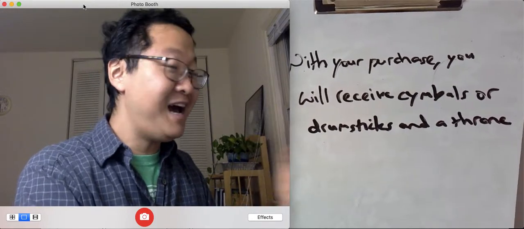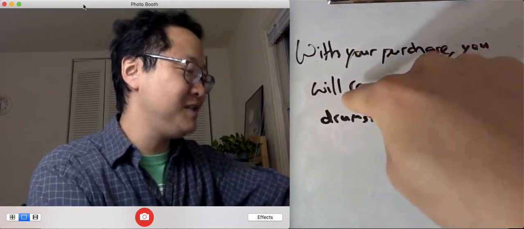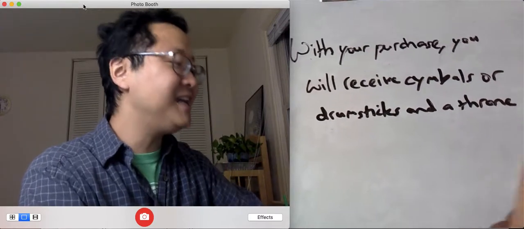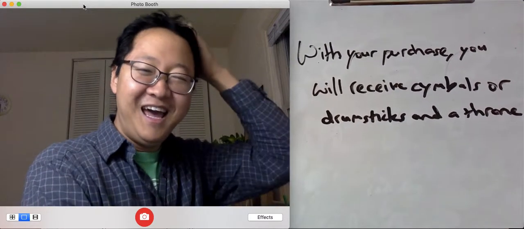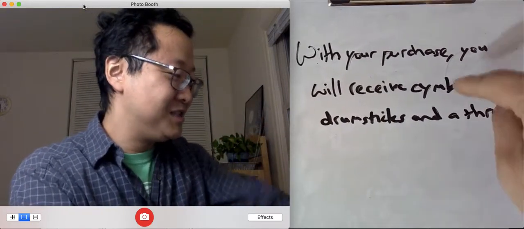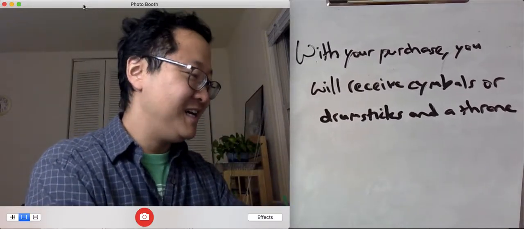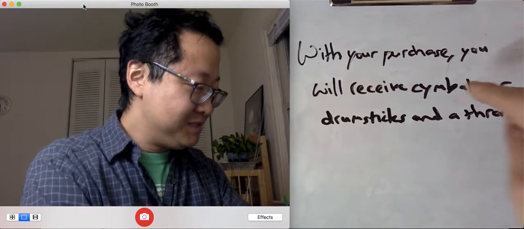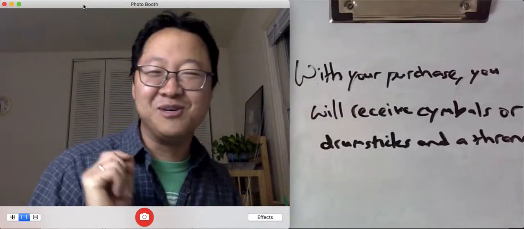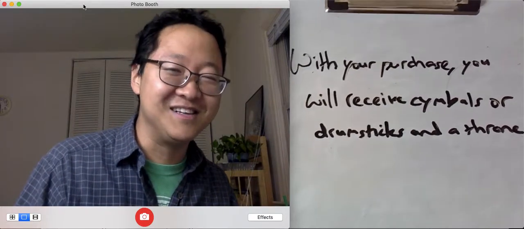That's one way to read the sentence, or it could be read with your purchase, you will receive cymbals or drumsticks and a throne. Those are two very different meanings, right? Either I get cymbals or both of these. That's one reading. The other reading is I get cymbals or drumsticks, and I do get a throne. Now I forget which one it was, but I just remember it being different from the one I wanted, and so I felt a little let down.